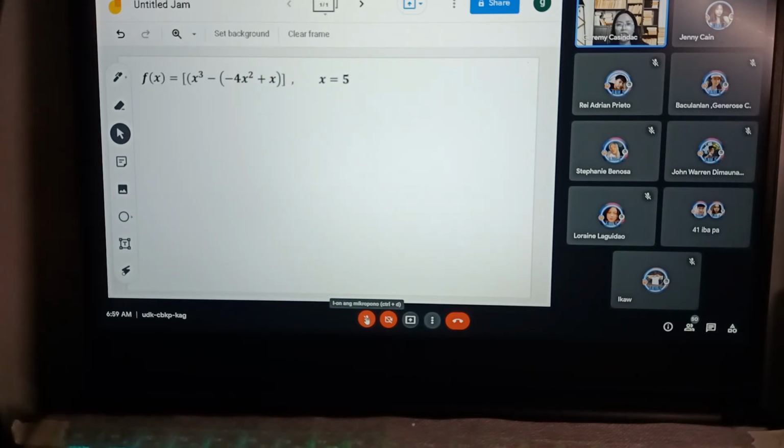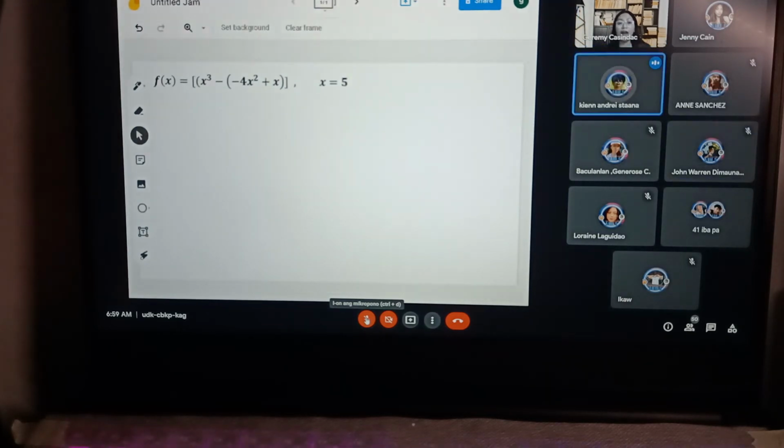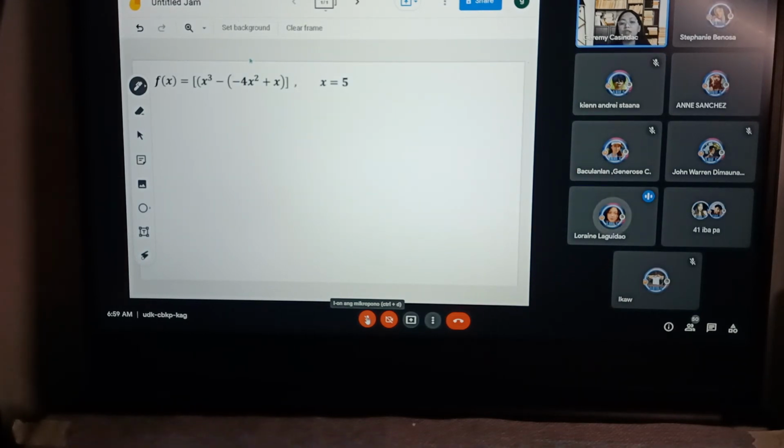Okay, wherein what is the value of our x now? 5. Okay, that's correct. So therefore, again, ano una natin gagawin? Substitute value po ng x. Okay, that's correct. Substitute all the value of x, papalitan natin ng positive 5.